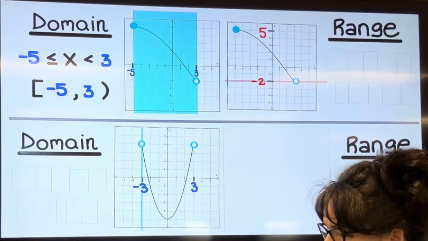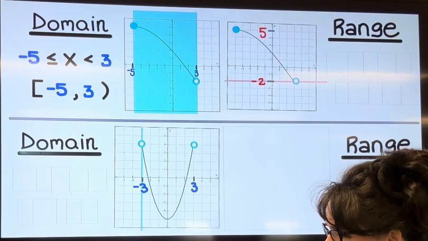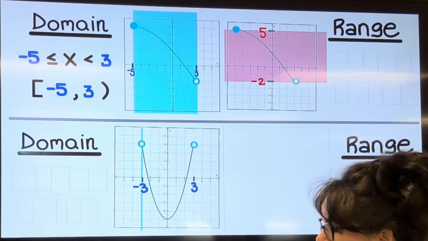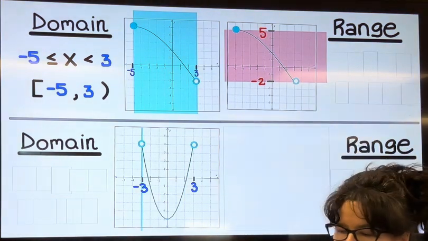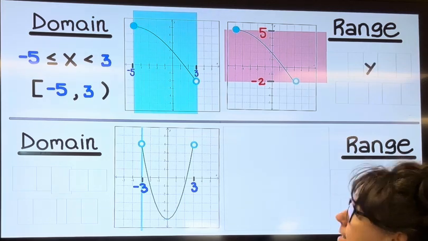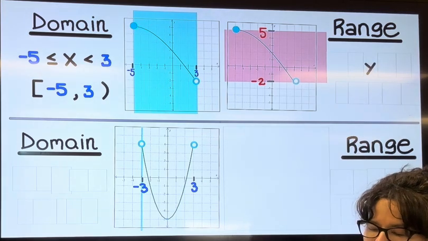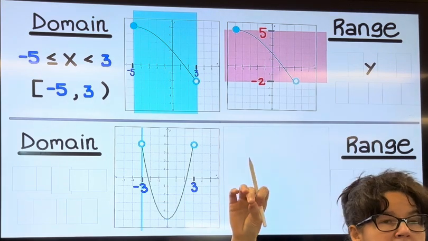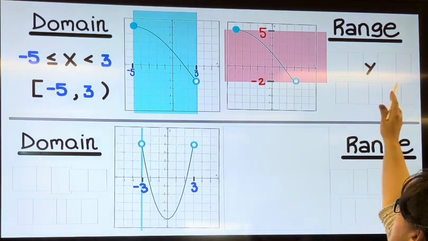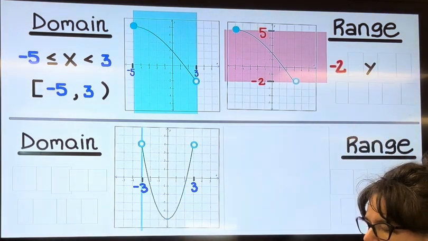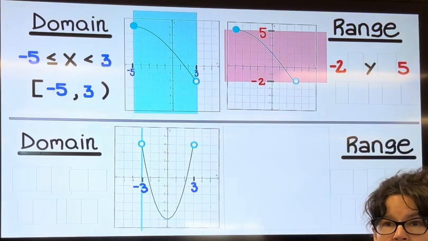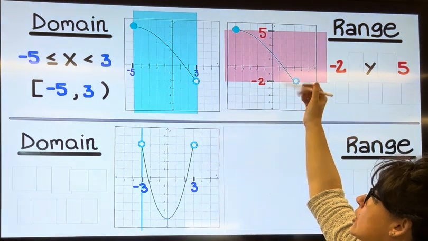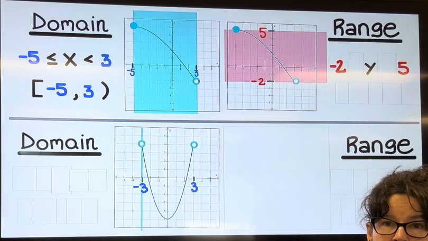My numbers are going to come off of the y-axis, but notice the lowest is -2 and the highest is 5. So my y's are sandwiched between, and you want to write the smallest number on the left and the biggest number on the right. So from -2 to 5 is what y is sandwiched between. Again, those numbers are coming off the y-axis.